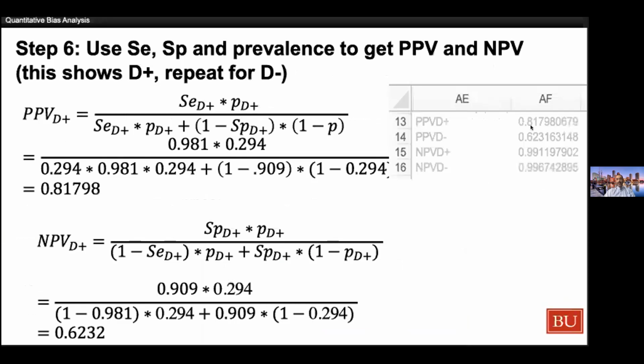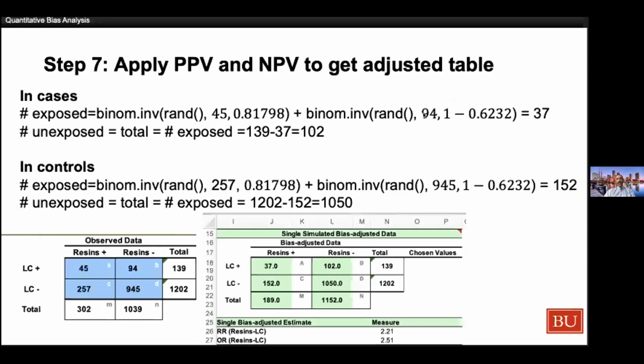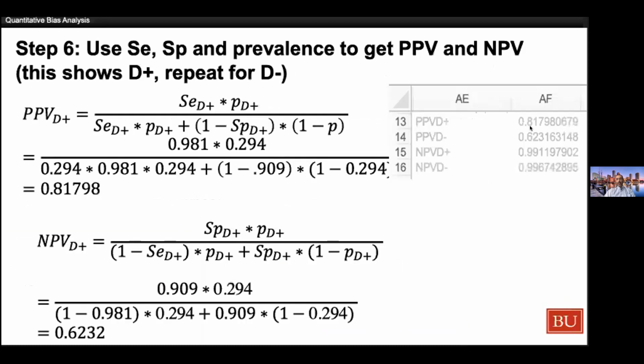That value is the positive predictive value amongst the cases that I calculated in the previous step. And I also say, take these 94 classified as unexposed cases and sample from a binomial distribution 94 times with a probability equal to 1 minus 0.6232. 0.16232 is the positive predictive value amongst the unexposed.